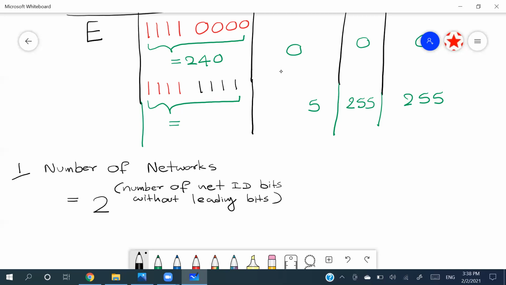Then you figure out how many leading bits should be there within it. Then you omit those leading bits, and the rest of the net ID bits will give you the answer. So I'll write the example at the right side. So this is the example.